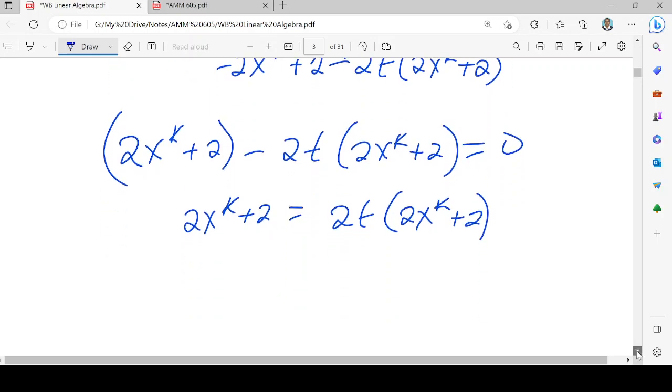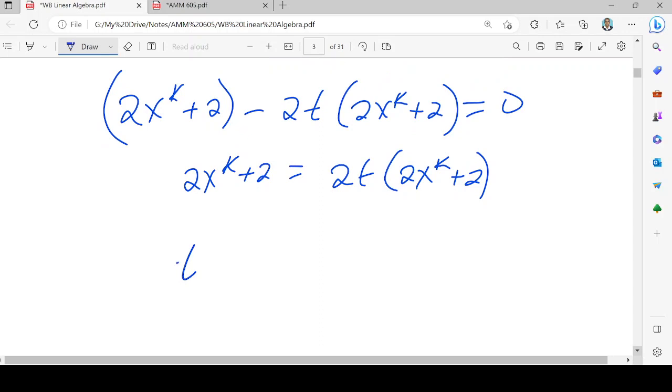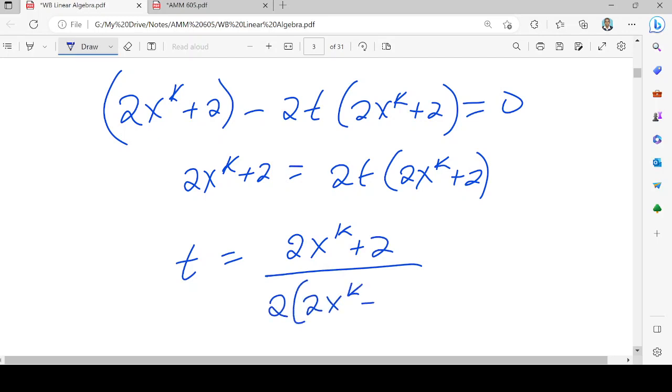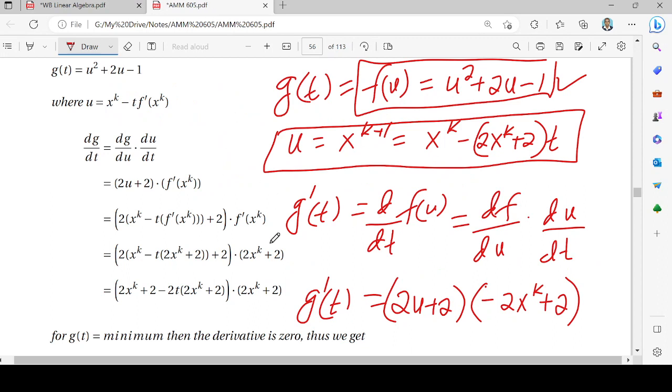And from here, we can find t is equals to 2x k plus 2 divided by 2 times 2x k plus 2, which is equals to 1 over 2, or 0.5. This is the value of t that minimizes the function g.